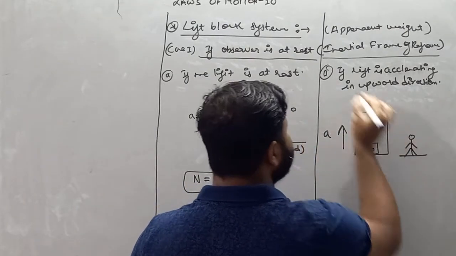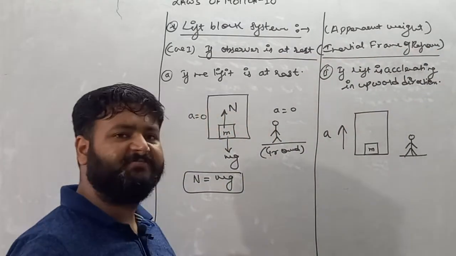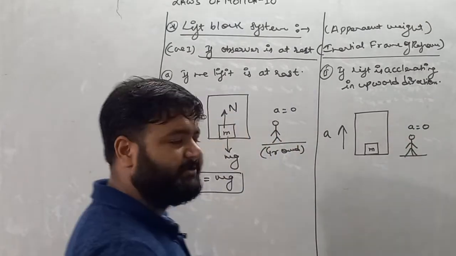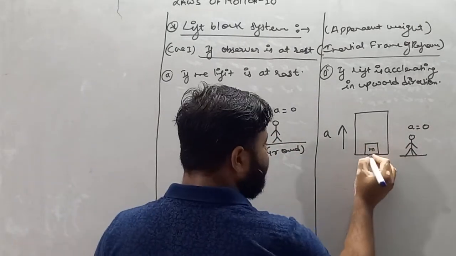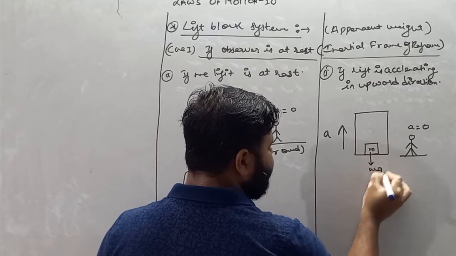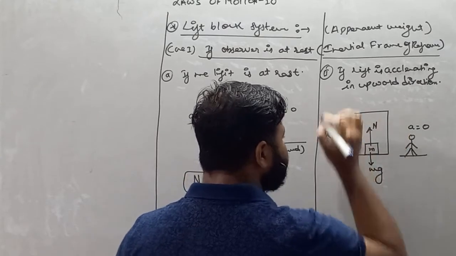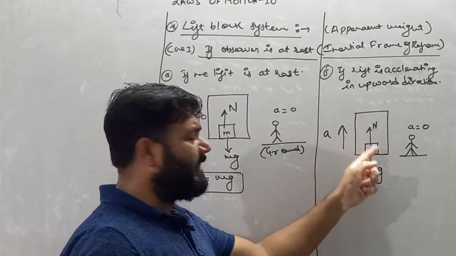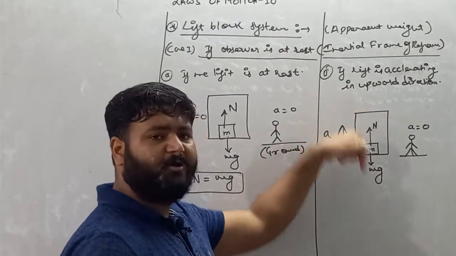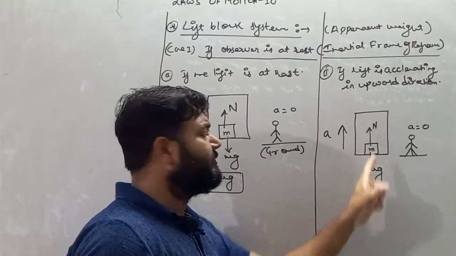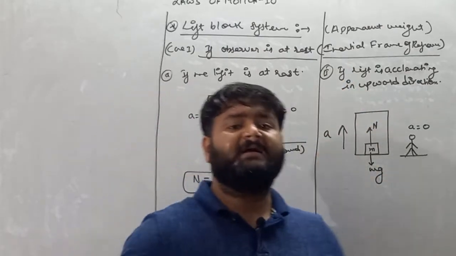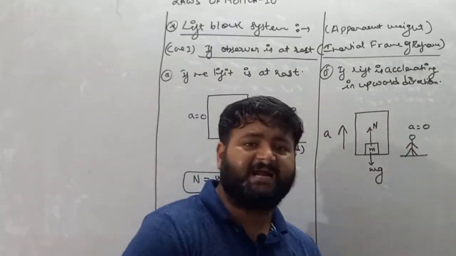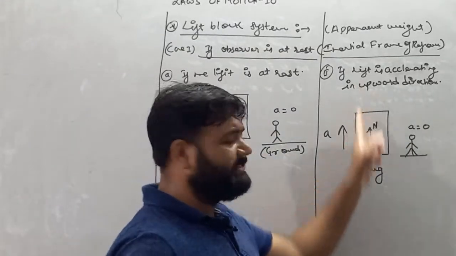We are considering all the cases in an inertial frame of reference, in which the acceleration of the observer is 0. Now if I make the FBD, vertically downward it is mg, and there is a force called normal in the upward direction, because if two bodies are physically in contact with each other, then a force called the normal reaction force acts.